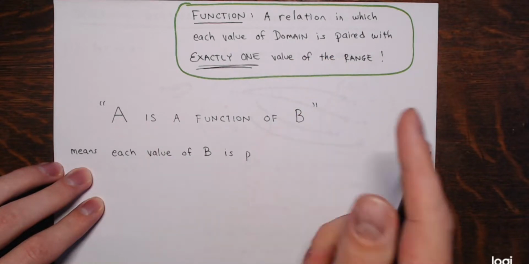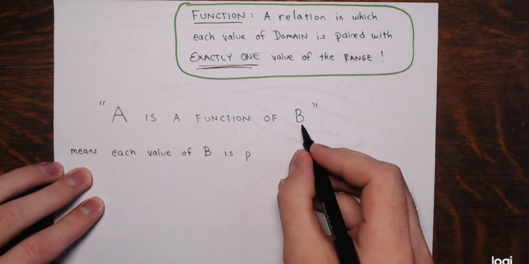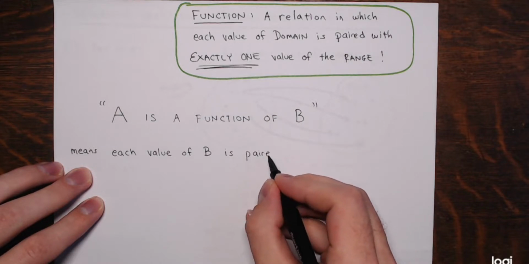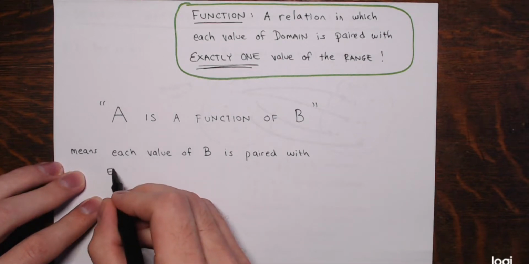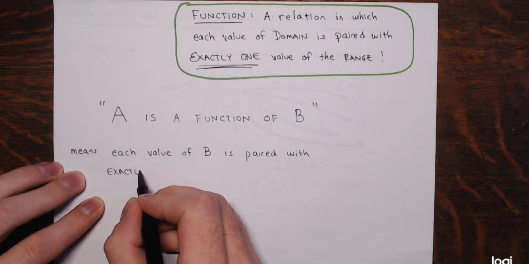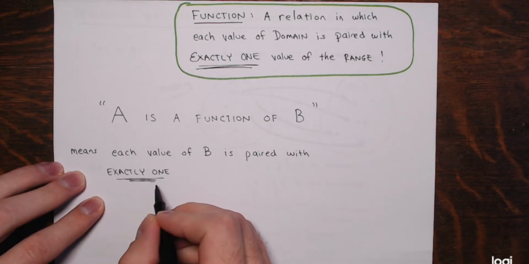Just wording. So each value of the second quantity, each value of B, is paired with, again, exactly one value of A.